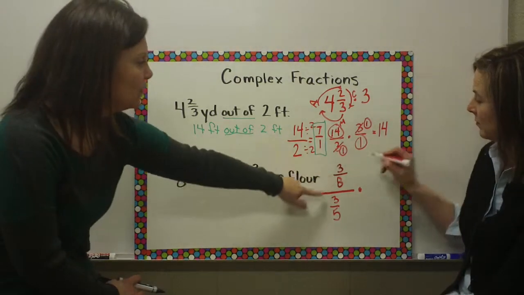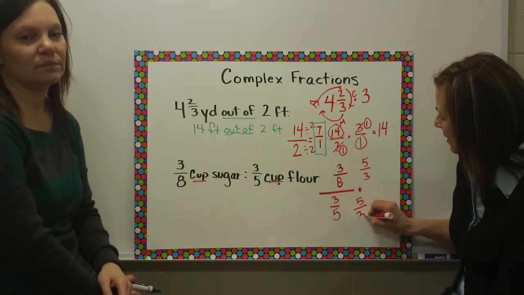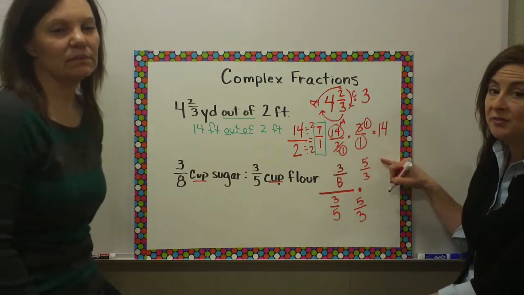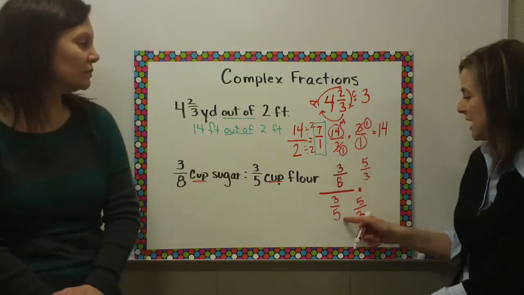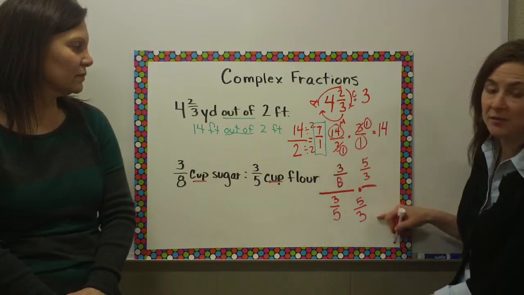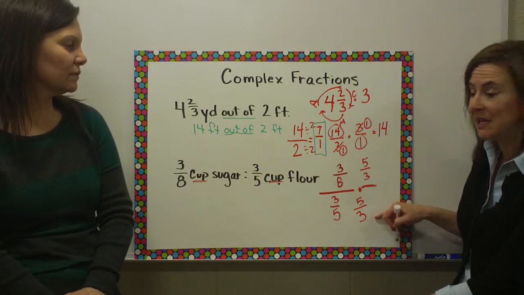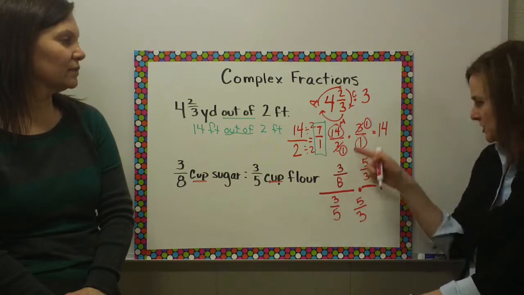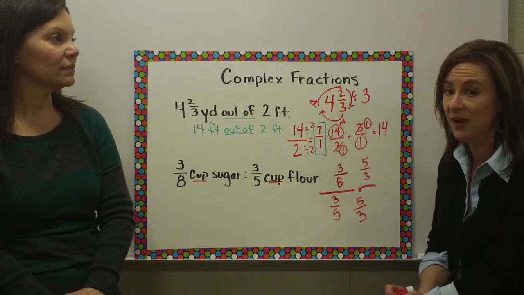So multiply both of these by 5/3. Now, multiplying both of these by 5/3 does not change the value of this complex fraction. Because if we have 5/3 over 5/3, you know that when the numerator and the denominator are the same, it equals 1. So basically, we're just multiplying this by a form of 1, which is why it stays the same value.